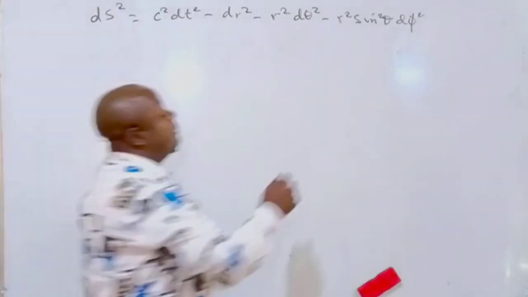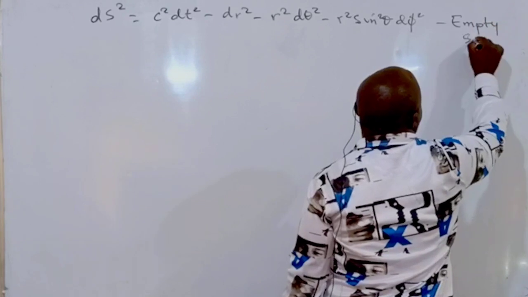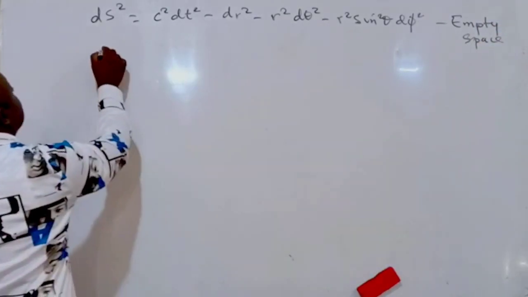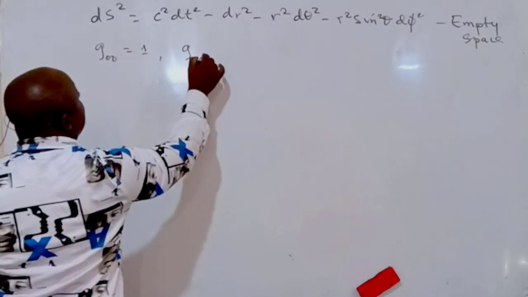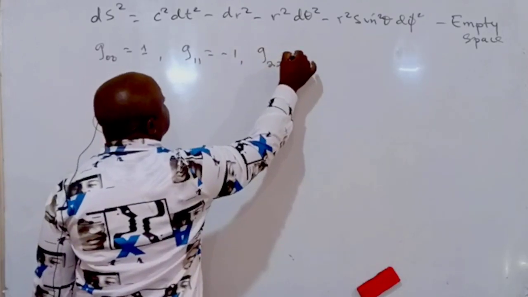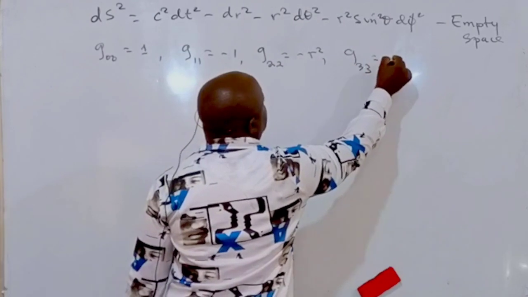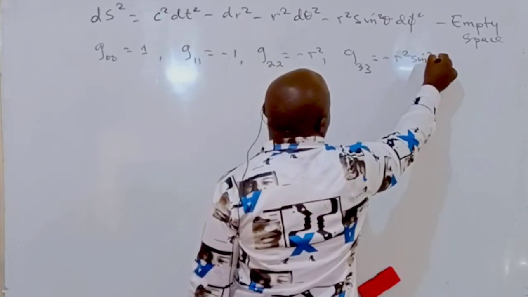That's our line element in empty space where there is no gravity. So in that case, our g00 is 1, our g11 is minus 1, our g22 is minus r squared, our g33 is minus r squared sine squared theta.